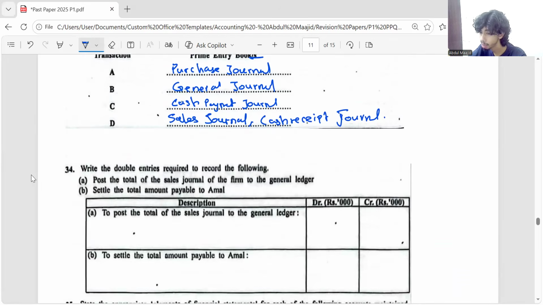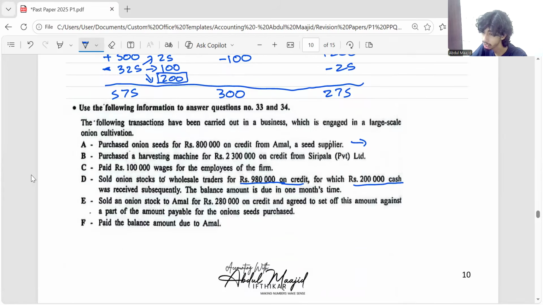34. Write the double entry required to record the following. A. Post the total of sales journal. So total of sales journal means you should get the total credit sales. Here sold onion stock to wholesale trader for 980 on credit. Now initially you sold on credit. After that you got 200 in cash. Then this entire 980 is a credit sale. Anything else?